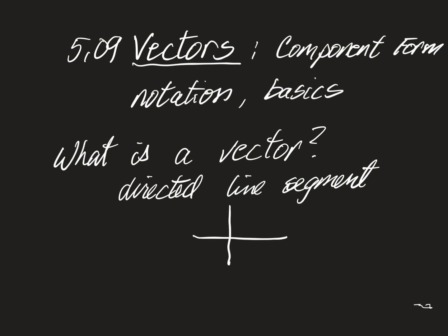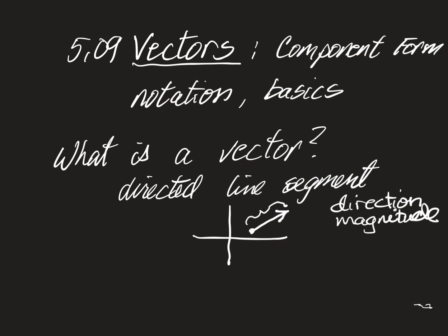Geometrically, if you're on a graph and you see a line segment like this with an arrow at the end, in other words, it has a direction, okay, and it has some sort of size, which we call magnitude. Then that directed line segment, that has direction and magnitude, is called a vector.